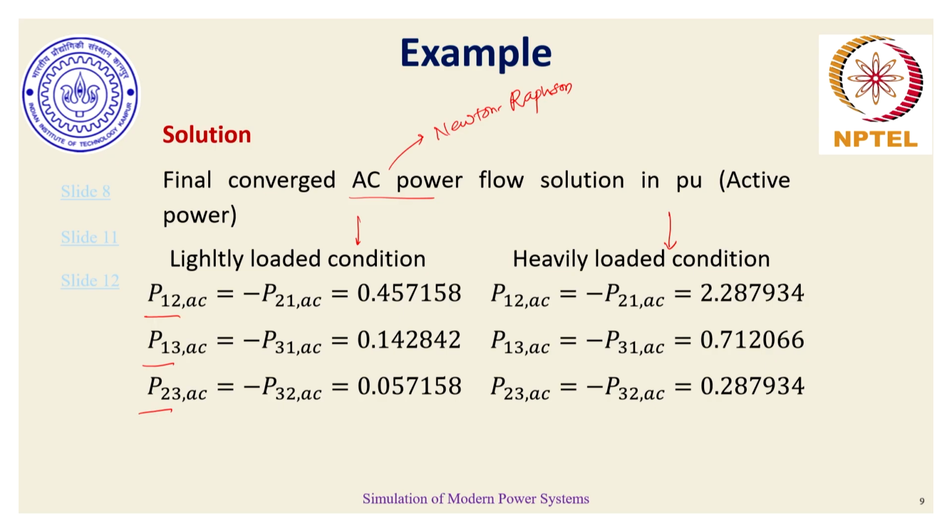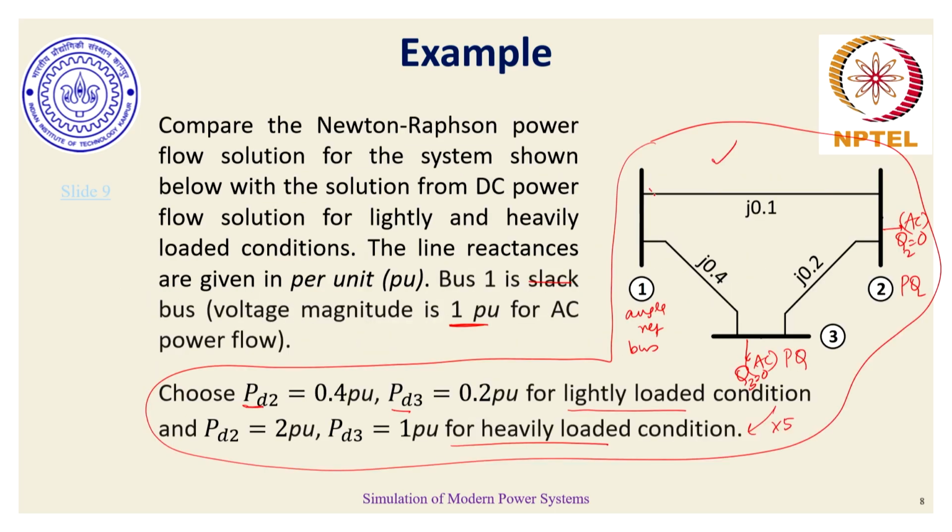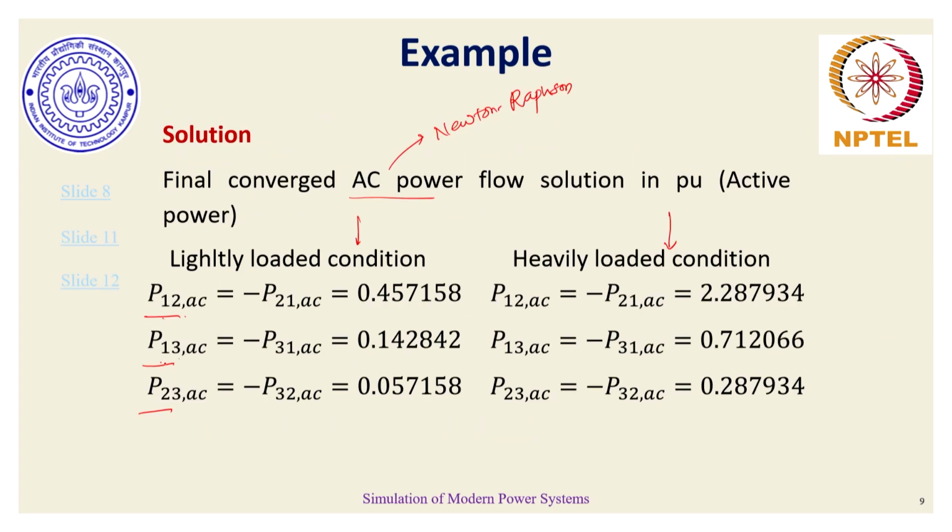So, if I were to correlate these numbers, P12 AC means the flow of power from bus 1 to bus 2, just after bus 1. So, this is equal to 0.457158, and similarly bus 1 to bus 3 is 0.41284.